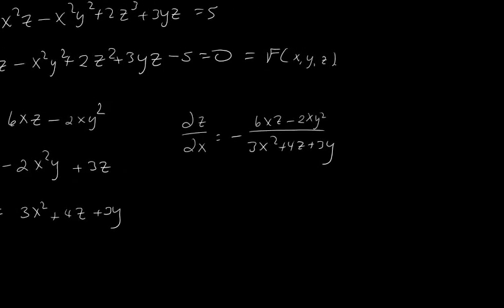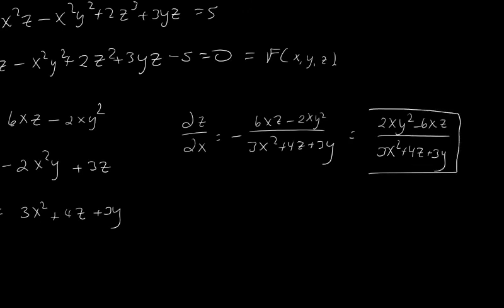And we can distribute that negative to get 2xy squared minus 6xz divided by 3x squared plus 4z plus 3y.